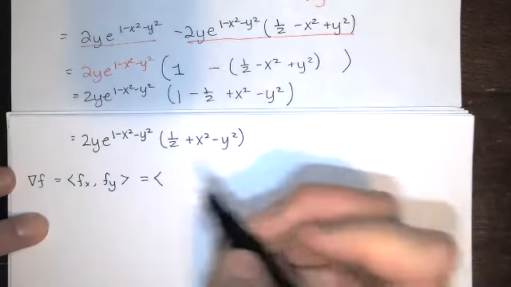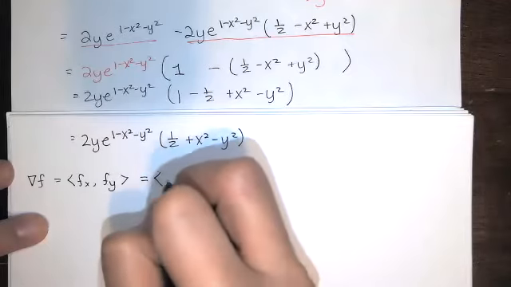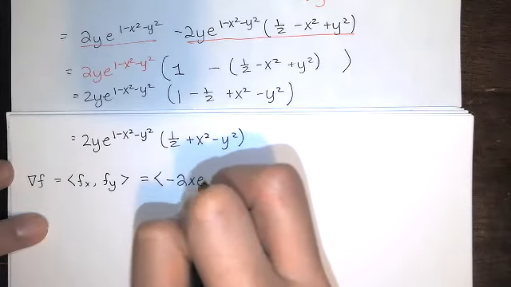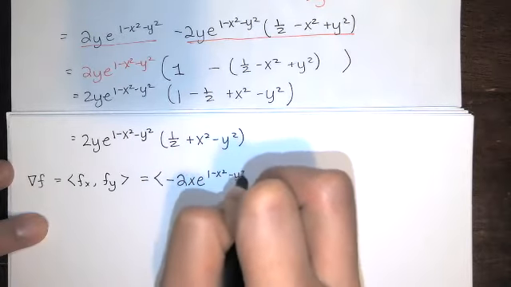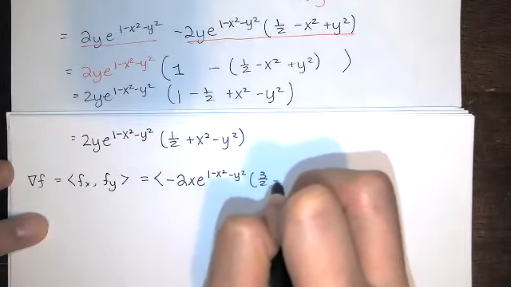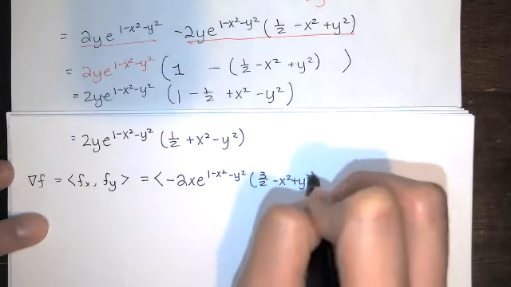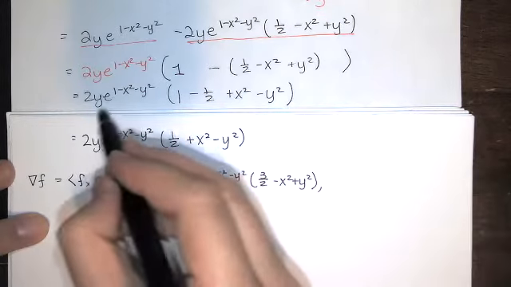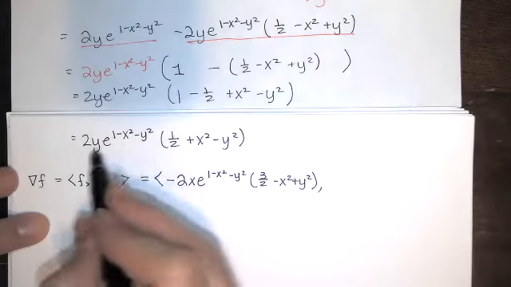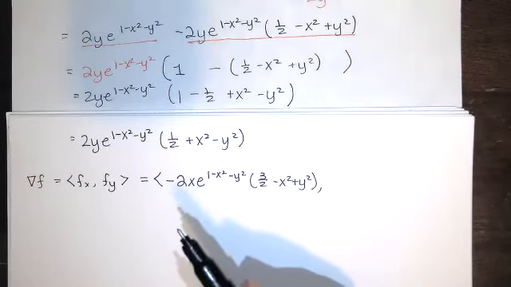So I've got the partial of f with respect to x, which is this function, times i hat plus this function times j hat, or this function was the simplified version of it, wasn't it?